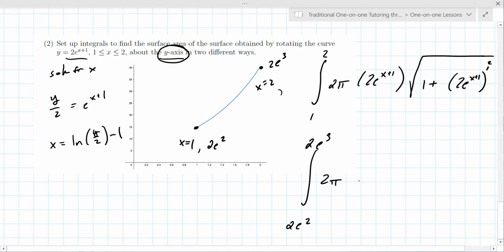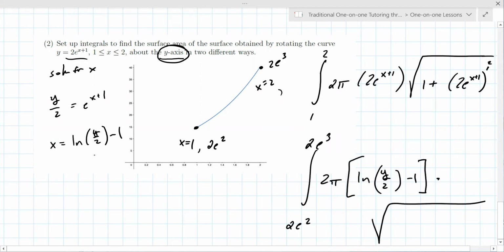So it's 2 pi x now. That's why we had to solve for x, natural log of y over 2 minus 1, and then times the square root of 1 plus the derivative of this, squared, which I'm not computing.